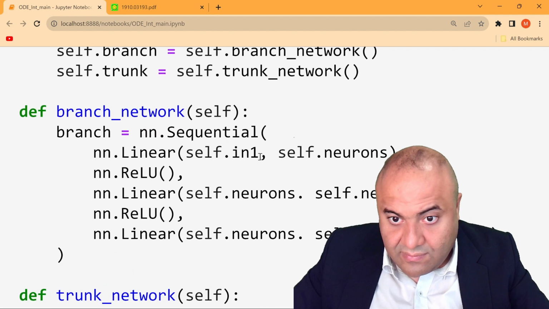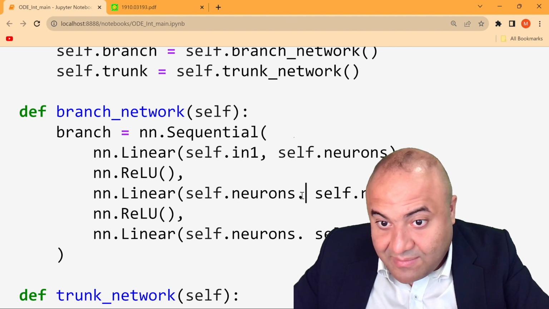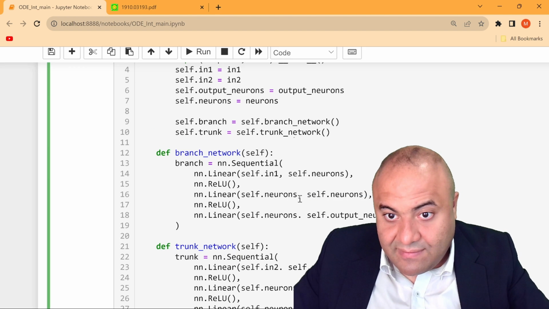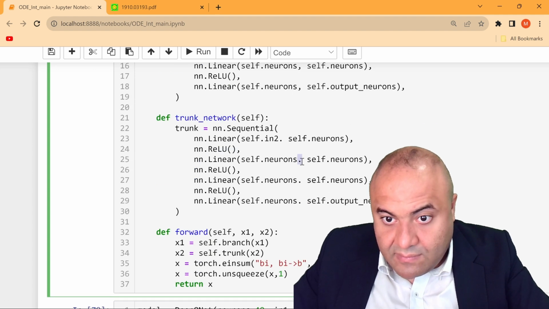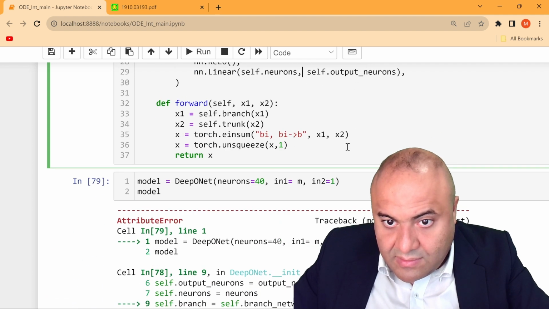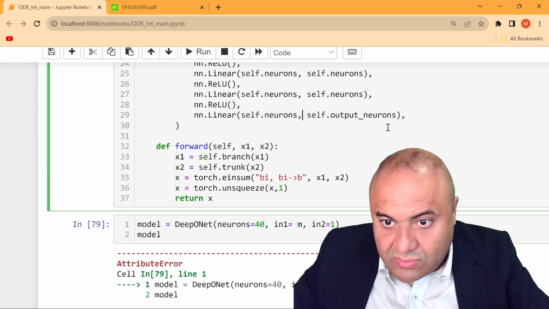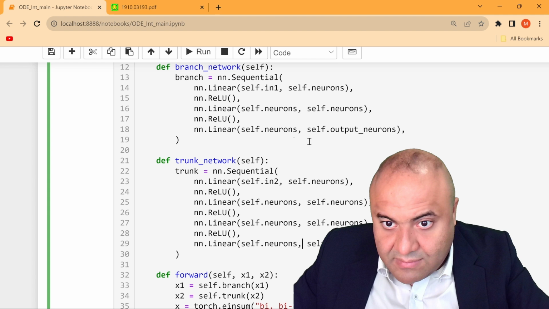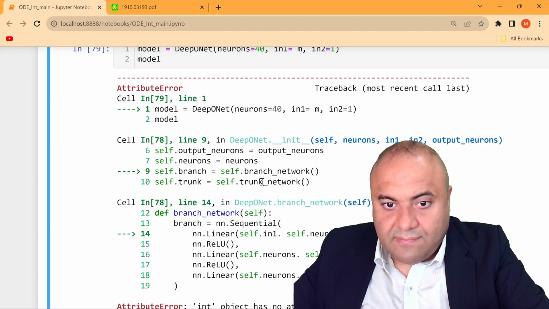Just here it used to be a dot, and we have to put a comma. It's just here, comma. Commas all over the place. We have to make sure. Comma. Okay.